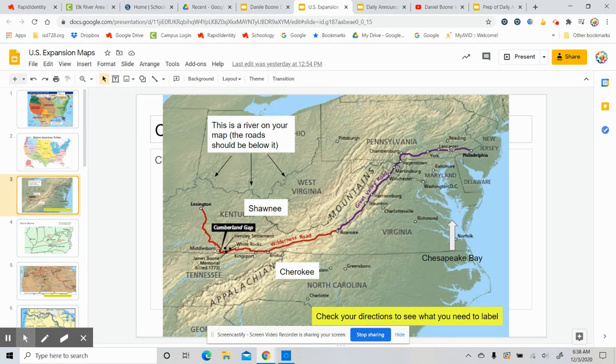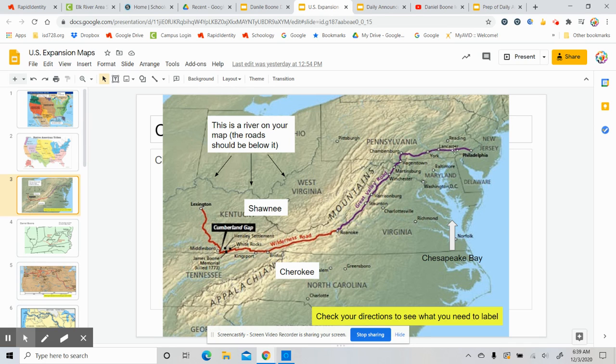First thing, don't try to draw the route. Do the landforms first. Cumberland Gap is right here. Now, when you're looking at your map, here's Kentucky, and then Virginia, the border comes down like this and it comes into a point, and right there is the Cumberland Gap. If you trace a straight line across, you're at the bottom of the Chesapeake Bay, and his route actually starts above it.